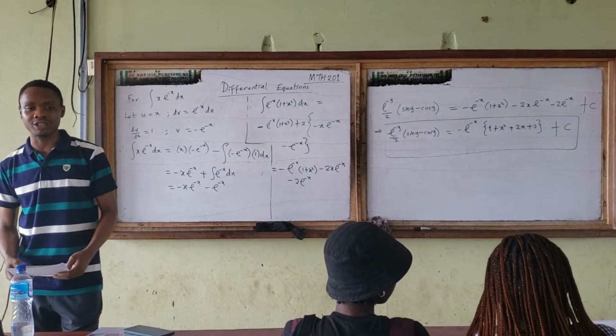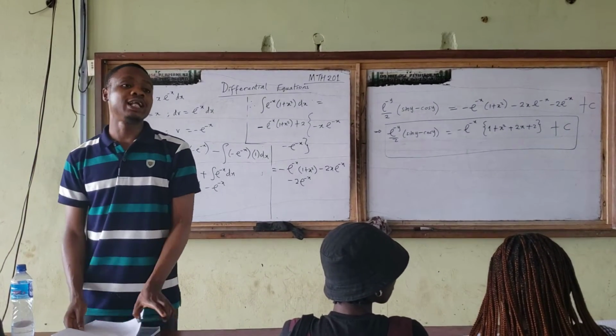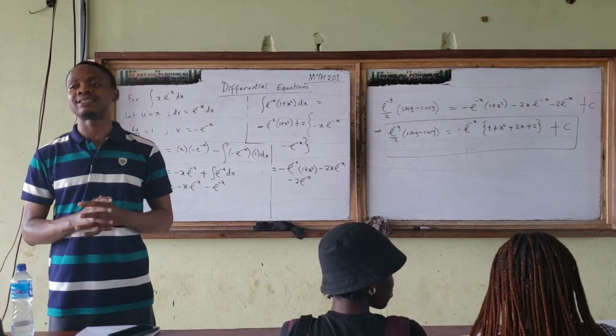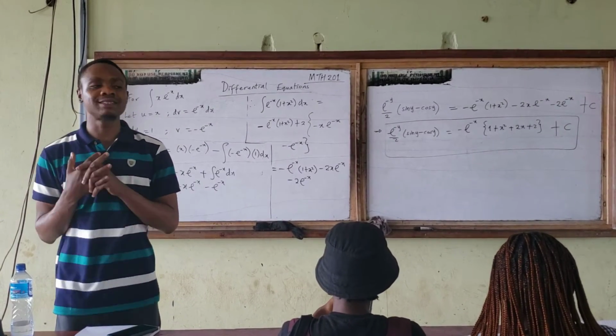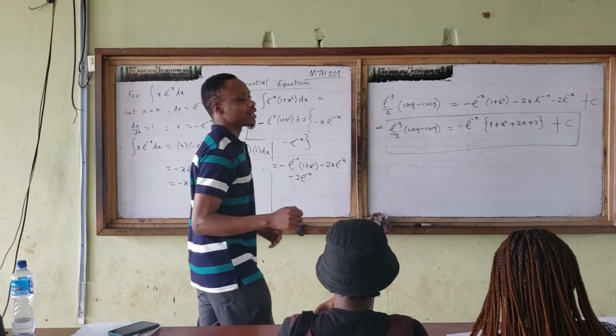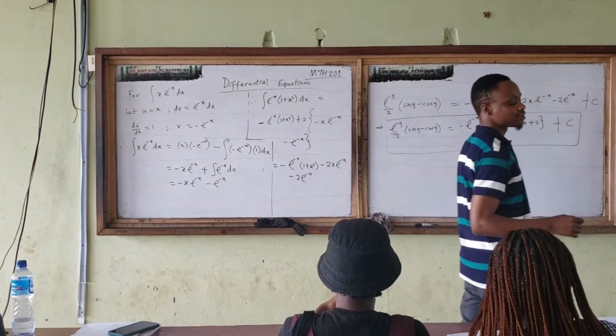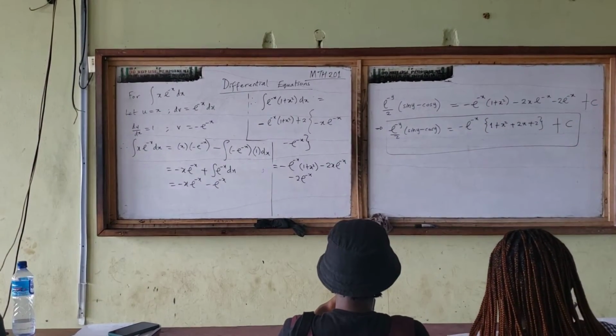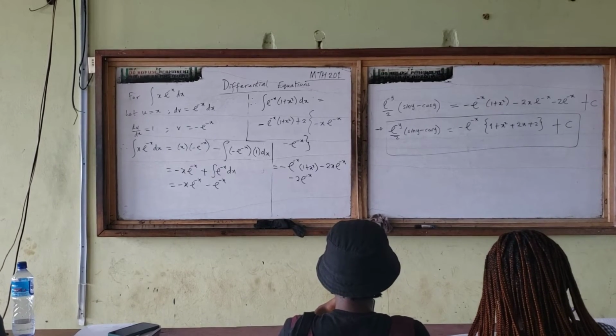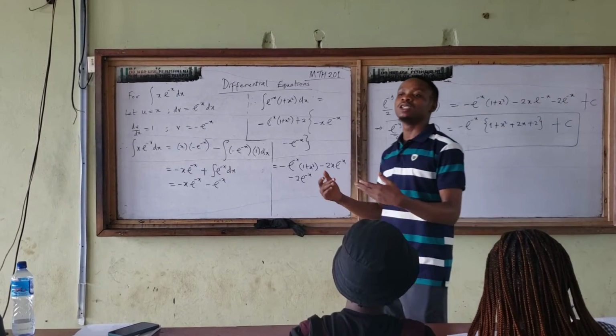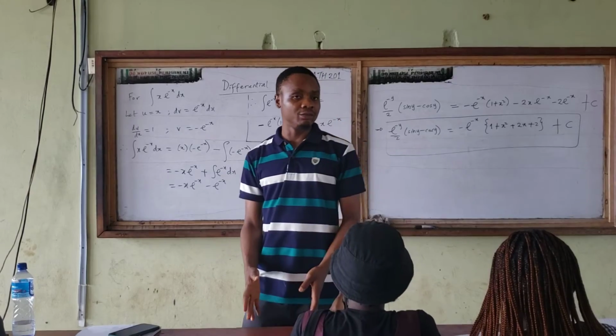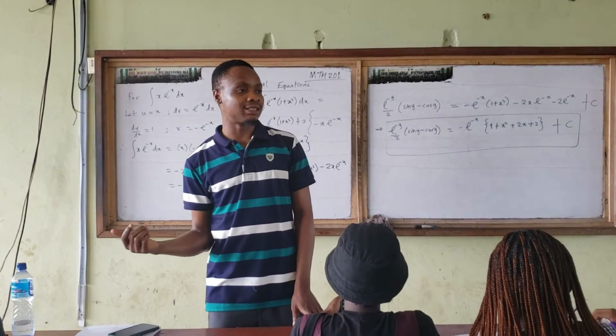Homogeneous equation. So you can have a differential equation that is homogeneous. Listen now, please pay attention. I told you earlier that you should not mix up the homogeneity we discussed here with that of yesterday. Can you remember that?